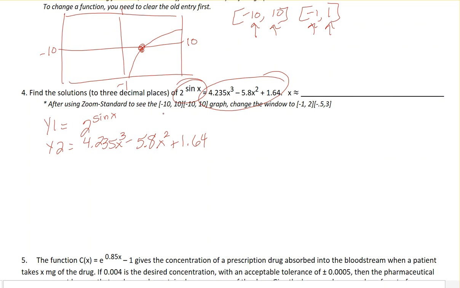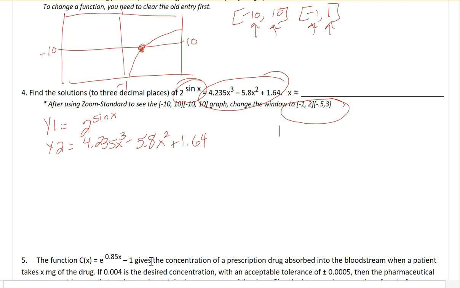And to save time here, we're going to use this value as the window. In the future, you'll have to zoom in and zoom out and change the window until you figure out some good values. So it's not that it has to be that window. This is simply just for practice.